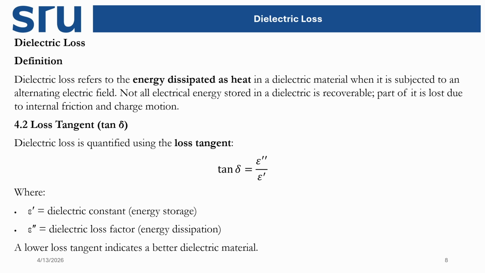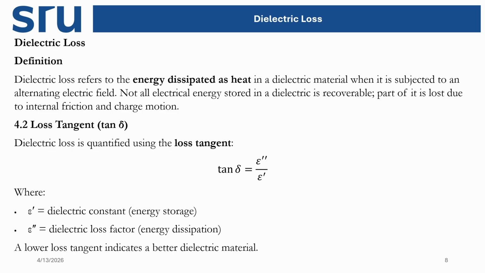Some heat can be generated when we apply the electric field. The dielectric material can store the energy, but some heat can also be generated, or the energy is used for other purposes. When we lose that energy this way, that is called the dielectric loss.